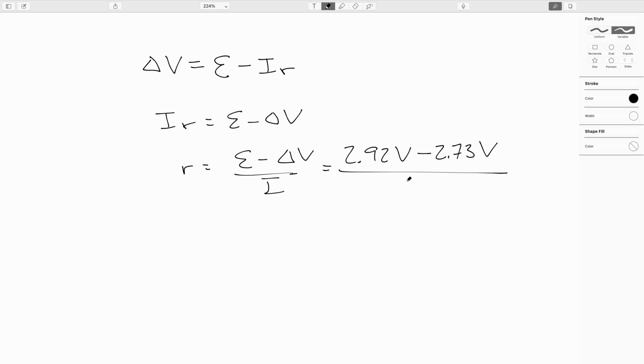Then 66.9 milliamps is 0.0669 amps. This turns out to be 2.84 ohms of resistance. By comparison, the light bulb had a resistance of 40.8 ohms. So, about 7% of the resistance of the light bulb. So it's not negligible, but it is small.